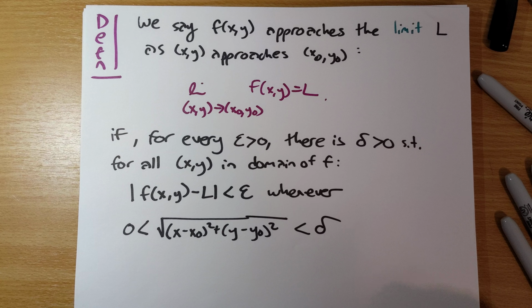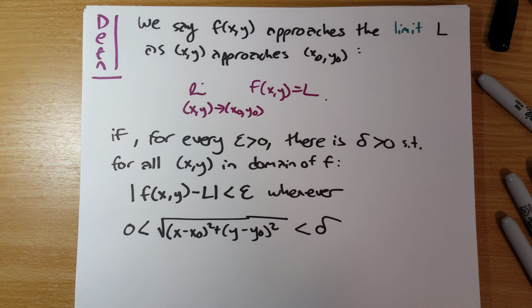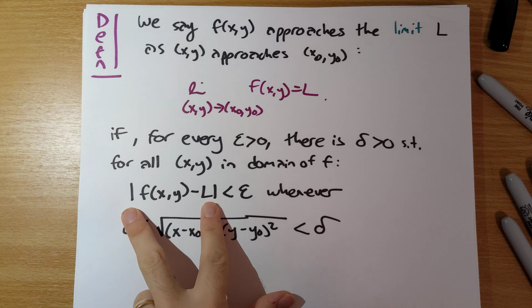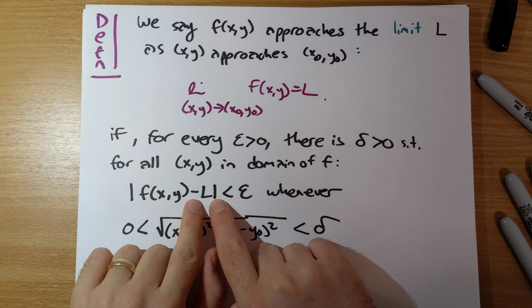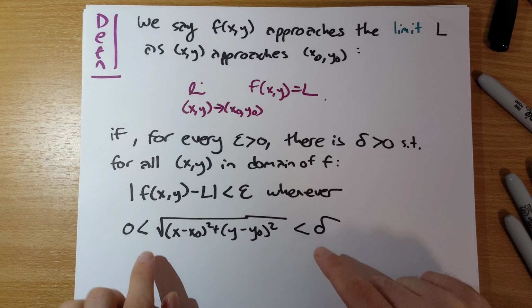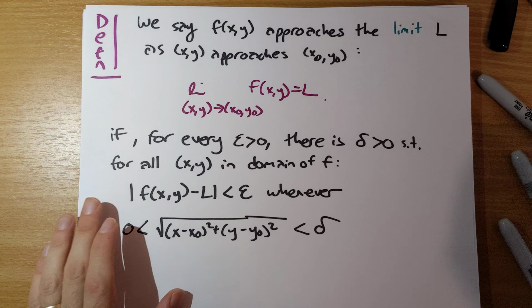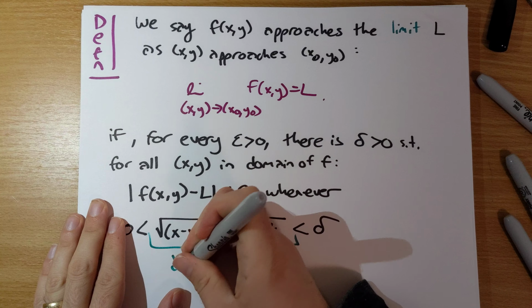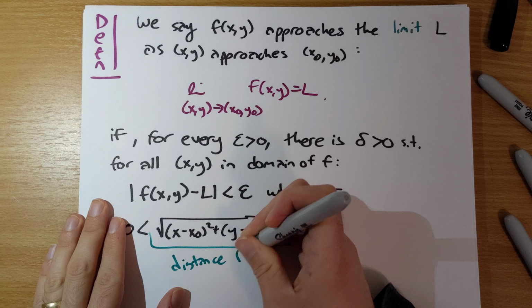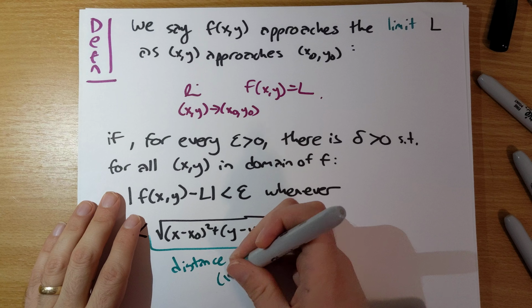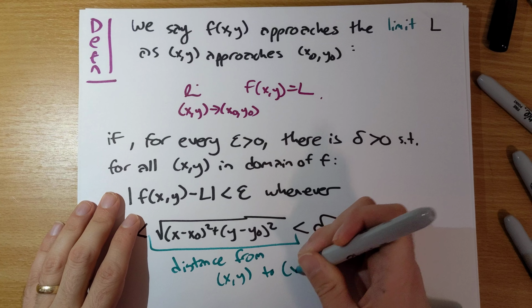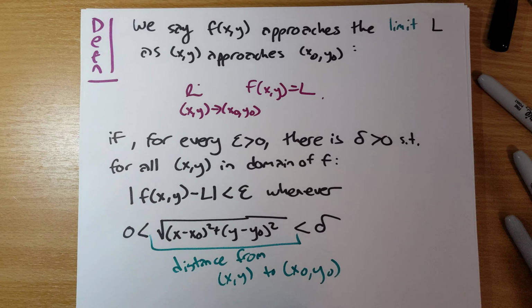If for every epsilon greater than 0, there is delta greater than 0, such that for all x y in the domain of f, note here that this is the absolute value of f of x y minus L is less than epsilon whenever this is the distance, distance formula here, the distance from x y to x naught y naught needs to be less than delta.